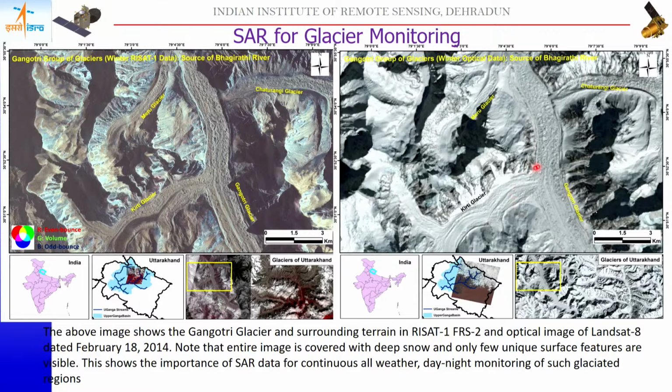So in the winter, the same Gangotri glacier will be covered with the snow, whereas the radar is able to see through the clouds as well as through the dry snow, so you can see the underlying supraglacial lakes and the debris cover and also the clean ice. The date of this is Resourcesat FRS2 data, and this is Landsat 8 data for the same date of 18th February 2014.